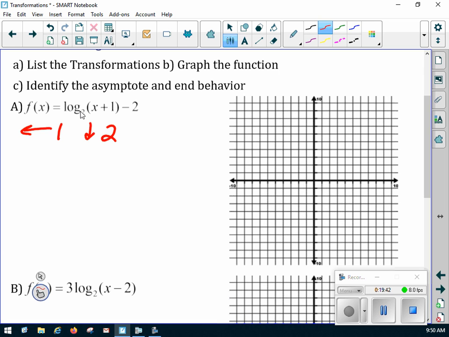Now, here's what we're going to do. We're going to take this off. I want you to do this. Our parent is y equals log base 2 of x.